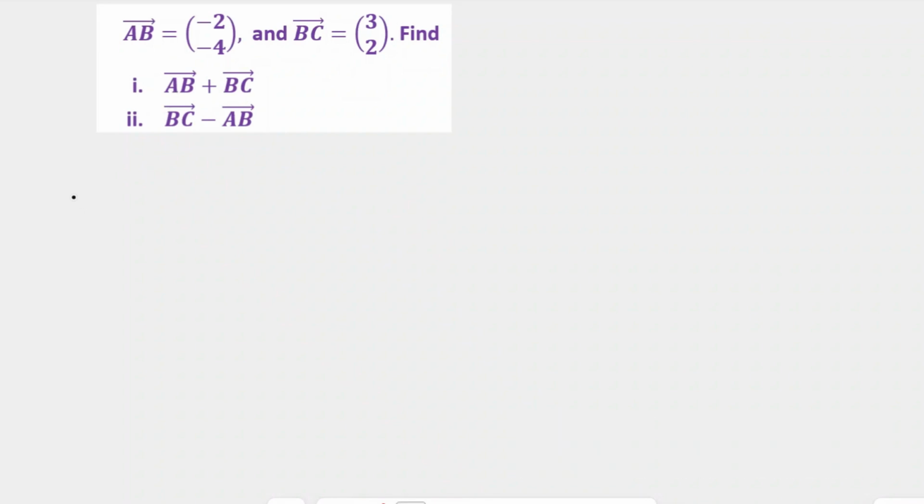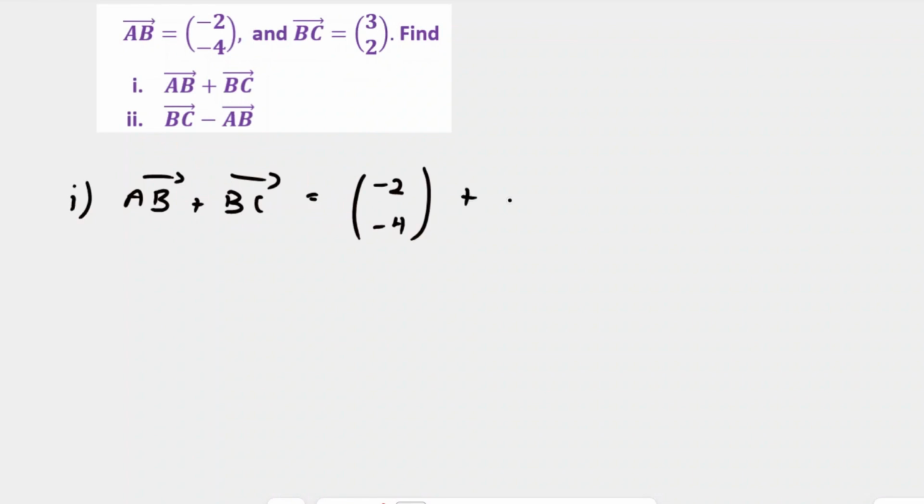So let's start with the first one, that is i. We have to find the vector AB plus the vector BC. So let's get our substitution done here. The vector AB has components -2, -4, plus the vector BC, which also has components 3, 2. So that's just simple.